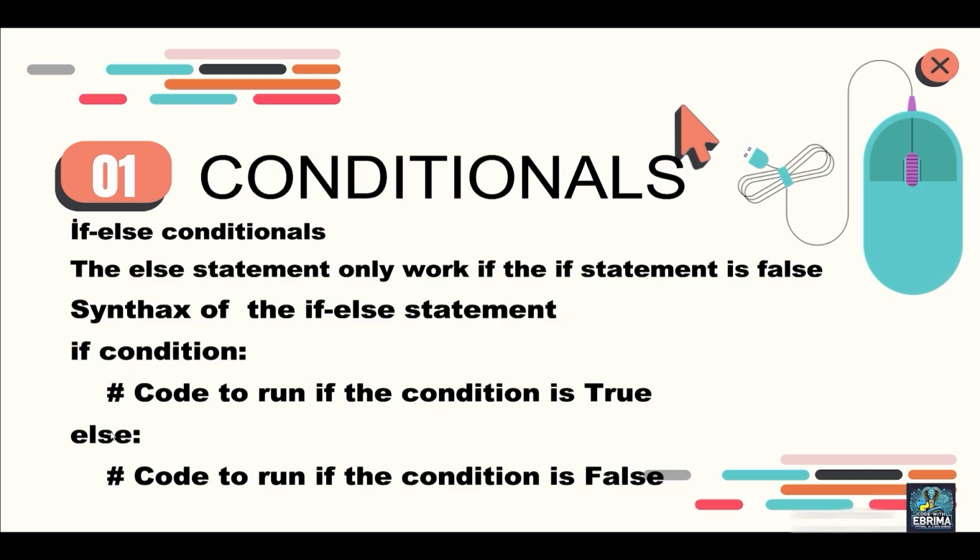Then you come here, you type in else colon, then you go inside the else block and type in the code, and this code only runs if the if condition is false. So if the if condition is false, then the code inside the else block is going to run.